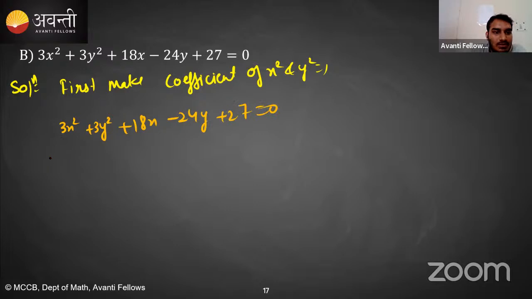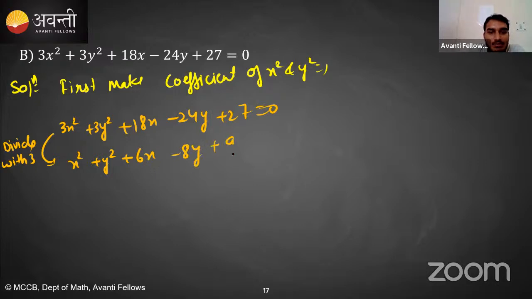Divide this equation with 3. तो 3 से डिवाइड कर देंगे तो कोएफिशिएंट ऑफ x स्क्वायर 1, कोएफिशिएंट ऑफ y स्क्वायर 1 plus this is 6x, this is 8y, this is 9 is equal to 0. How you are getting -9? I am not understanding.